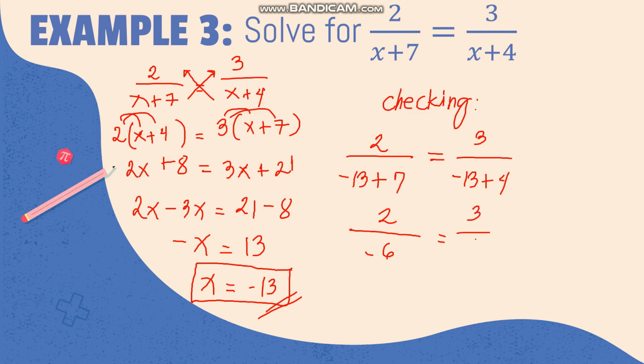So 3 over negative 9. We can simplify this. 2 over negative 6 is just equal to negative 1/3. And 3 over negative 9 can also be simplified as negative 1/3. So it's correct. That means negative 13 is the solution of this given rational equation.